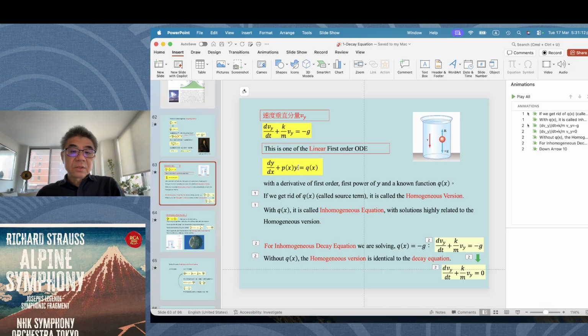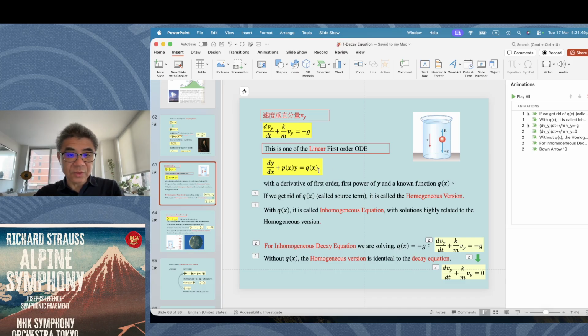Okay, so let me introduce some terminology which will be very, very useful later. If we look at this first order linear ODE, Q(x) is sometimes called the source term. Why it is called the source term will become clear next week when we talk about the linear ODE of the second order. If we get rid of this source term, it is called the homogeneous version.